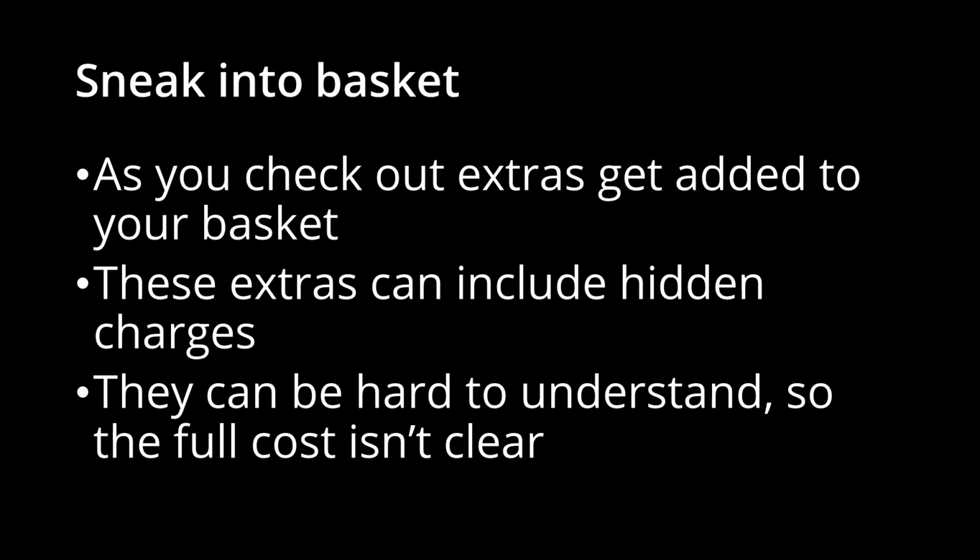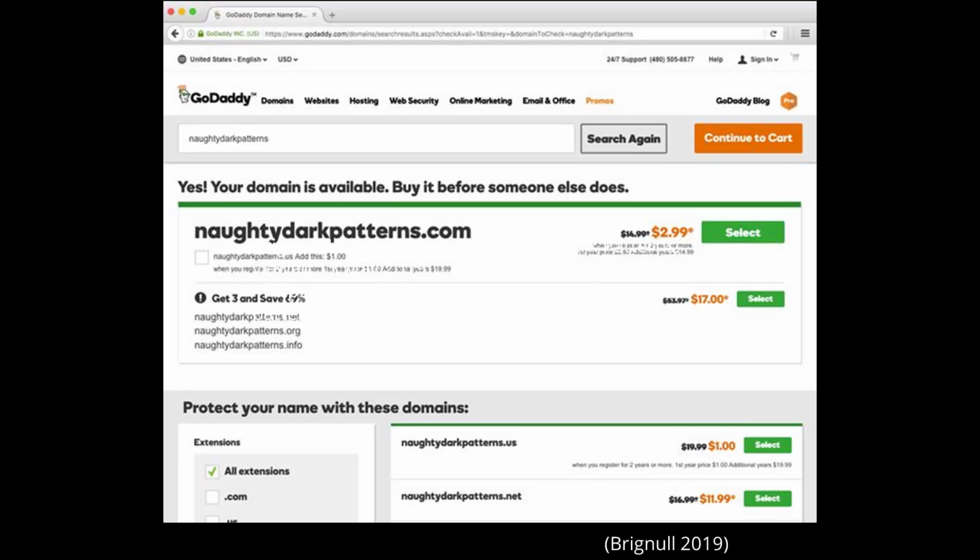And here is a company that I tend to avoid like the plague, GoDaddy. And here on their website, you're told you can choose 3 additional domains and save 69%. You can get the 3 extra domain names for $17. Isn't that amazing?